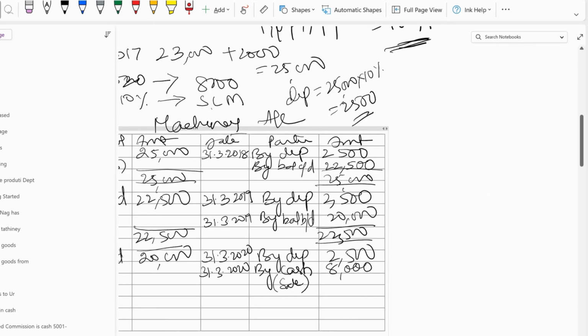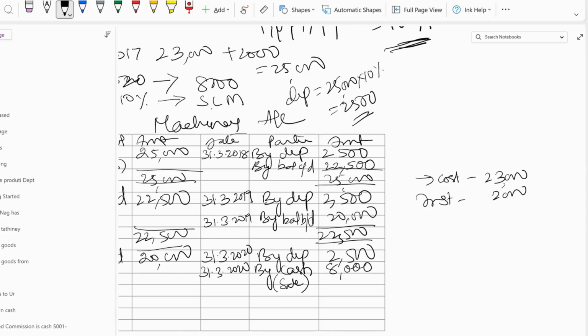Now he is asking, first one is we have to calculate whether we got profit or loss. So how will calculate whether you got profit or loss? What is the cost of the machine? 23,000. For installation, how much did you pay? 2,000. Okay, what is the total cost of the machinery? 25,000. Now, for how many years you used it? For 1 year, for 2 years, for 3 years. So for 3 years, 2,500 worth you use the machinery.